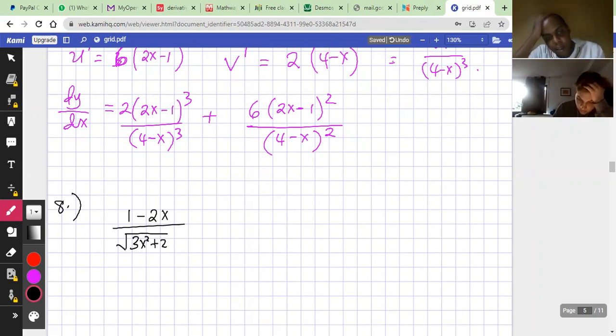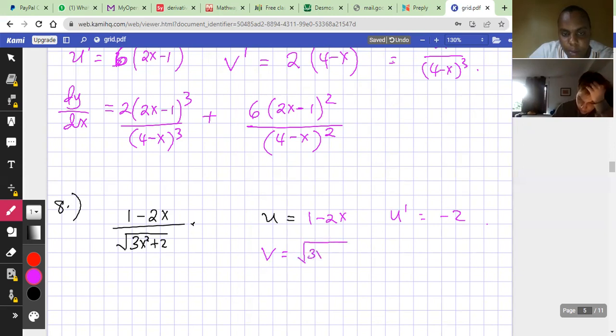We can use the quotient rule for this one, right? Yes, we can. u is 1 minus 2x. u prime is negative 2. v is the square root of 3x squared plus 2.